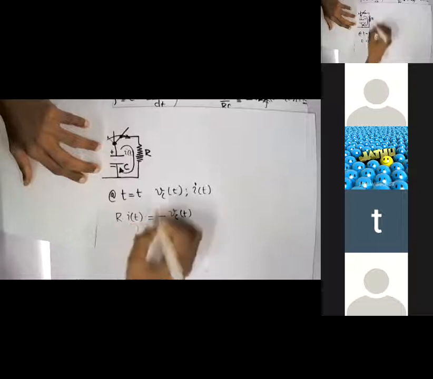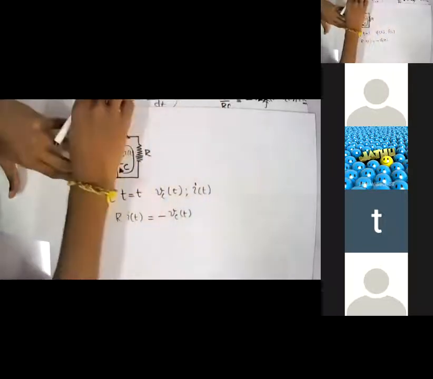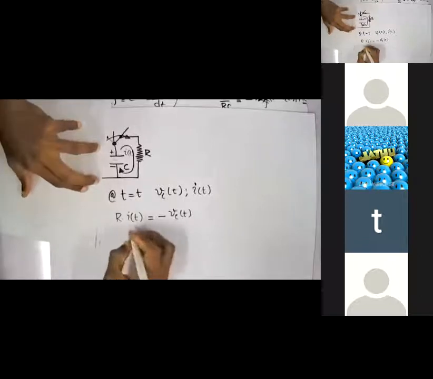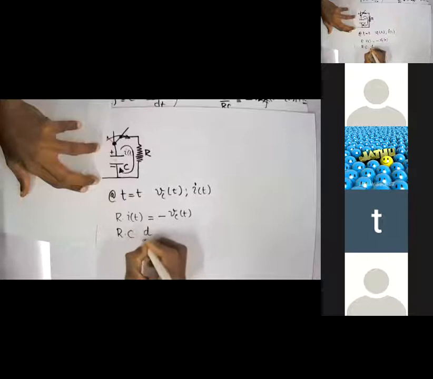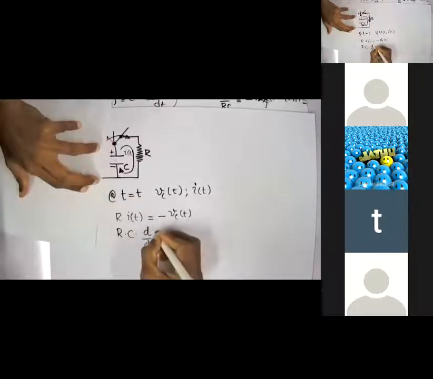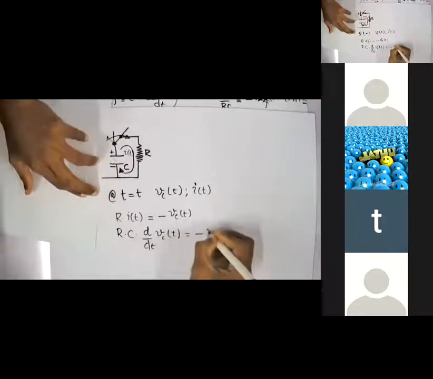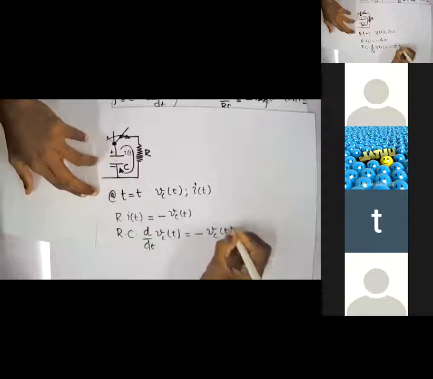Again, I of t equals C dVc of t by dt, so RC into d by dt of Vc of t equals minus Vc of t.